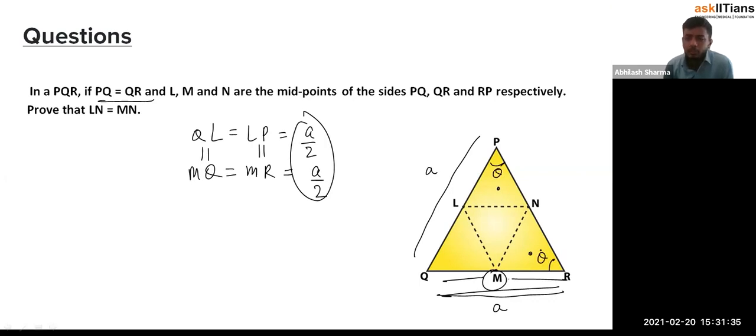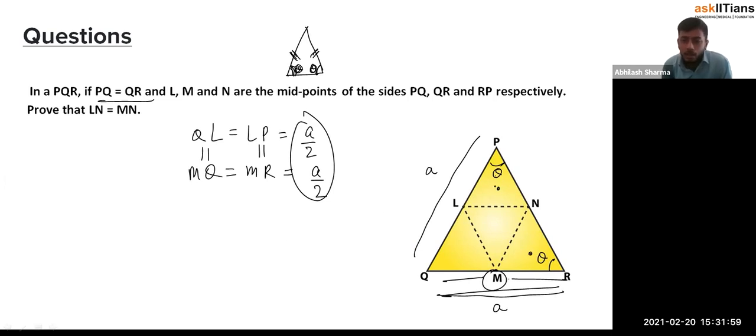This is a very basic property that we'll see later also: for any isosceles triangle, the angles opposite to equal sides are equal. These are equal sides, so the angles opposite to these equal sides will also be equal, theta and theta. So that's why if this is theta, then this is also theta.